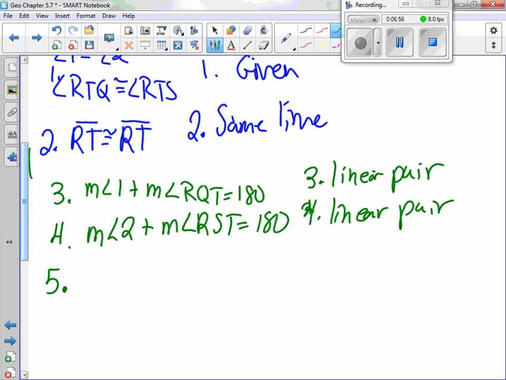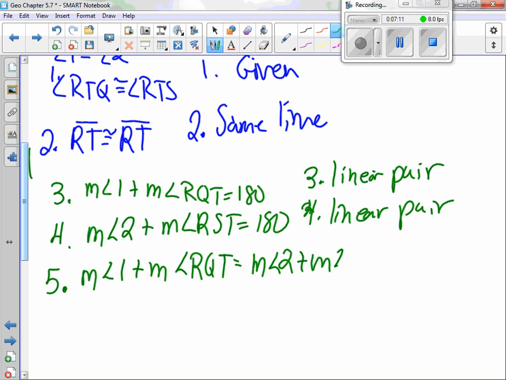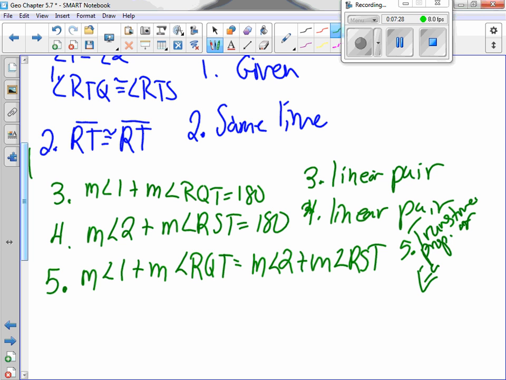They add together to be 180. Now, since both of these add together to be 180, I can set them equal to each other. That's our transitive property of equality.